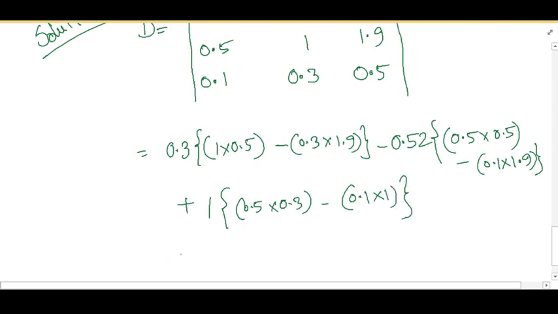And the calculation says that the value will be minus 0.0022, if I'm not wrong.